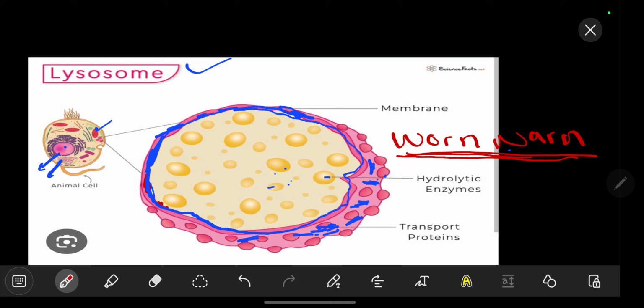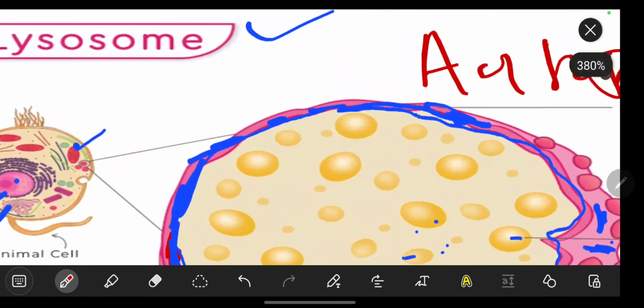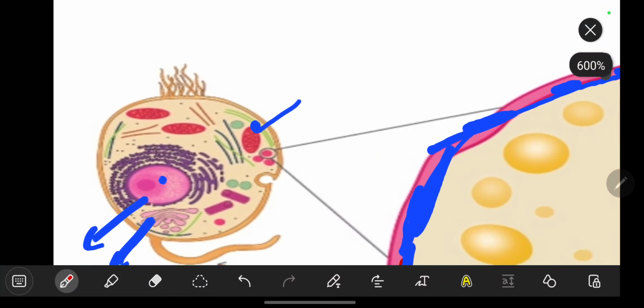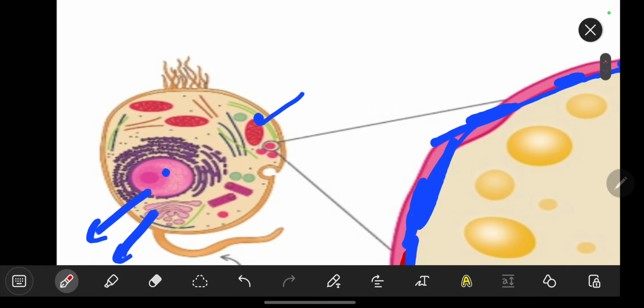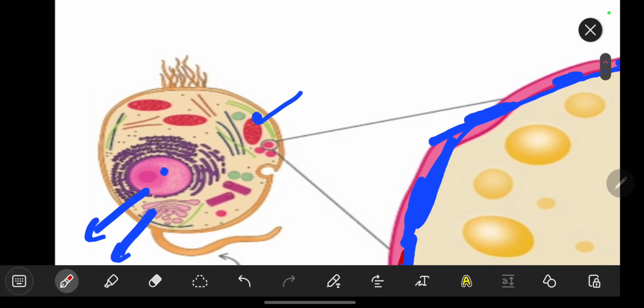Now, this destruction of worn out organelles is what we are going to call autophagy. Auto means itself, phagy means to destroy. Autophagy is the destruction of worn out organelles found within the cell. If I zoom here, you will realize this is the whole cell. Then just this part, these are our lysosomes.